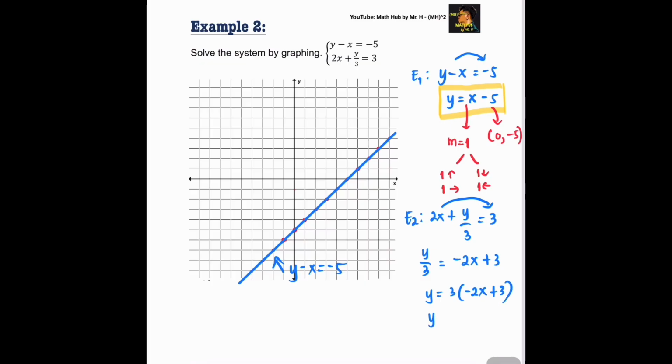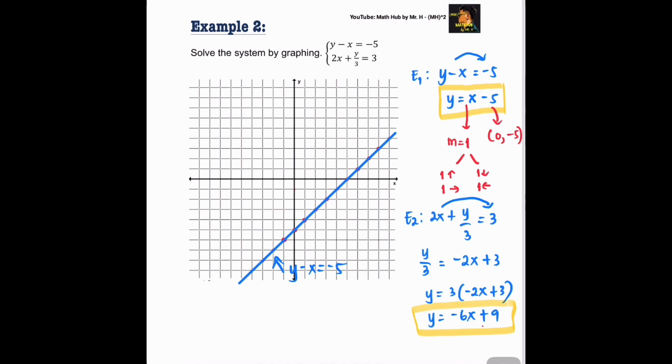And this will become y equals -6x plus 9. Alright, and this is what we need to graph. So the y-intercept is at (0, 9), and the slope is -6. So 6 units down, then 1 unit to the right from the y-intercept.